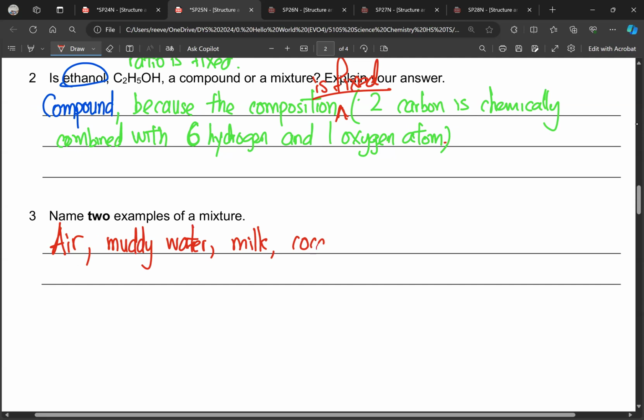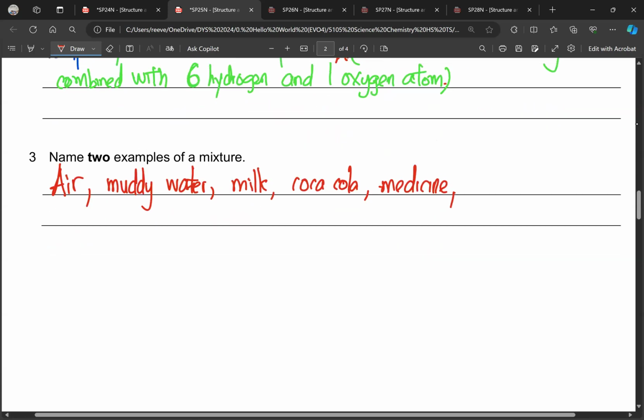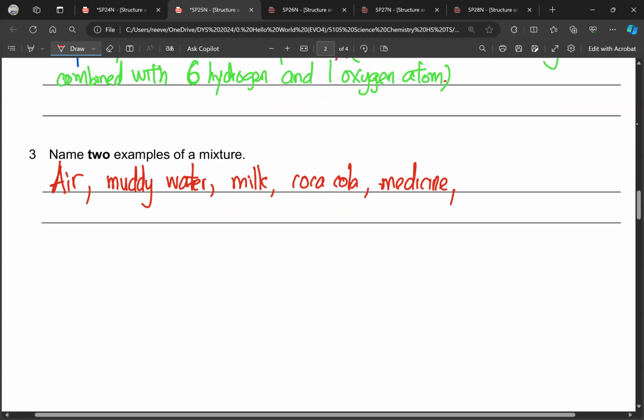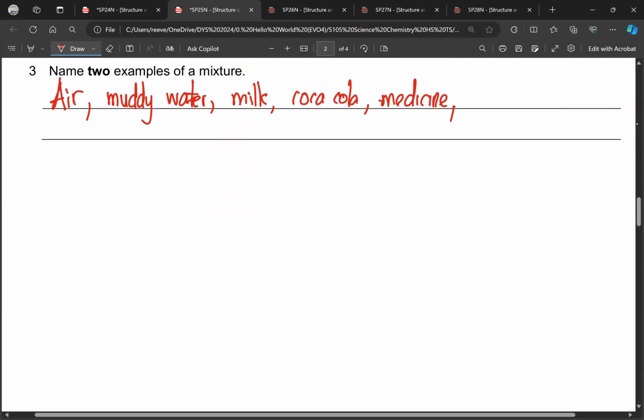There are actually more mixtures around us. Medicine is also a mixture. So many things. The artificial orange juice is a mixture. Everything. You add all these artificial sweeteners, everything added together, mixed. So all these are mixed.